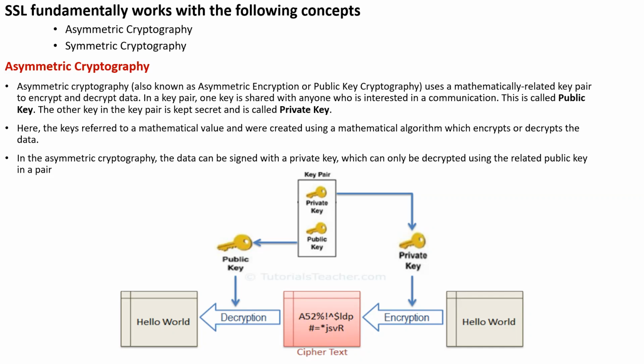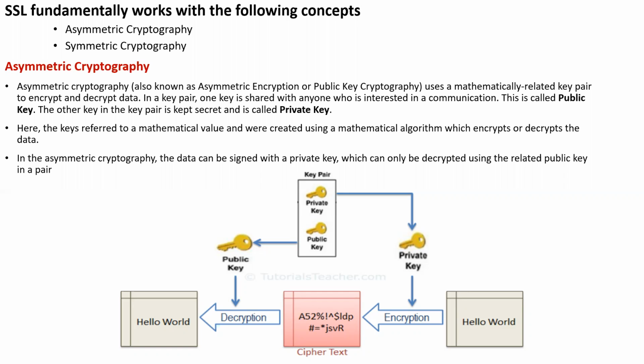Once the encrypted data is received by the web server, it processes your request and produces the response. Before sending this response, it follows the same scenario: it encrypts the data again and sends it to the client.